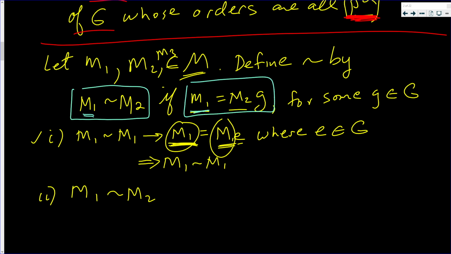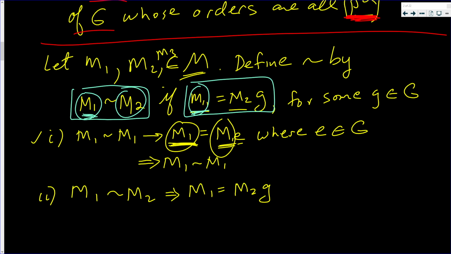If this set is related to that set, then the first set must equal the other set times an element in G. That is, M1 is equal to M2 times g.